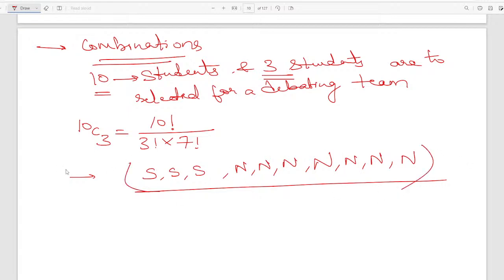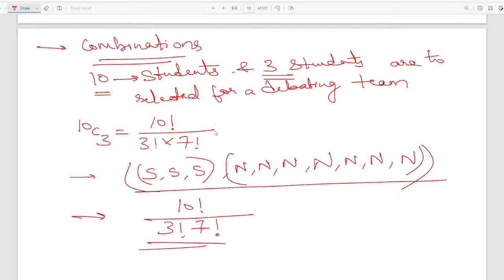The number of ways of arranging this is total 10 factorial divided by 3 factorial for the selected, and 7 factorial for the not selected. These 2 are the same. You can do it using this formula, or you can do it using this intuitive way. I hope this is clear.